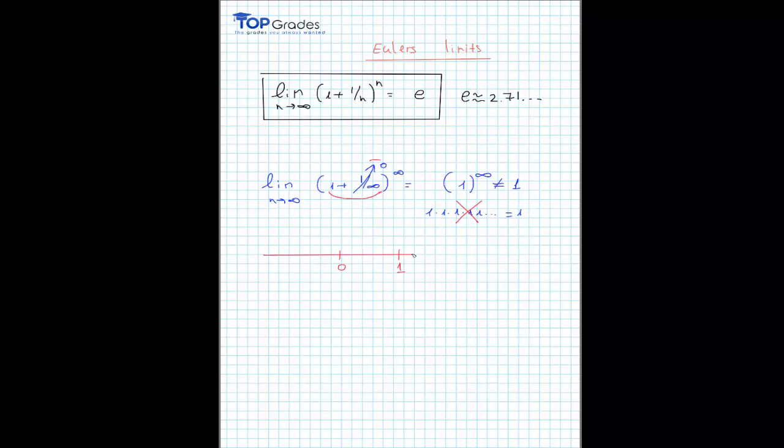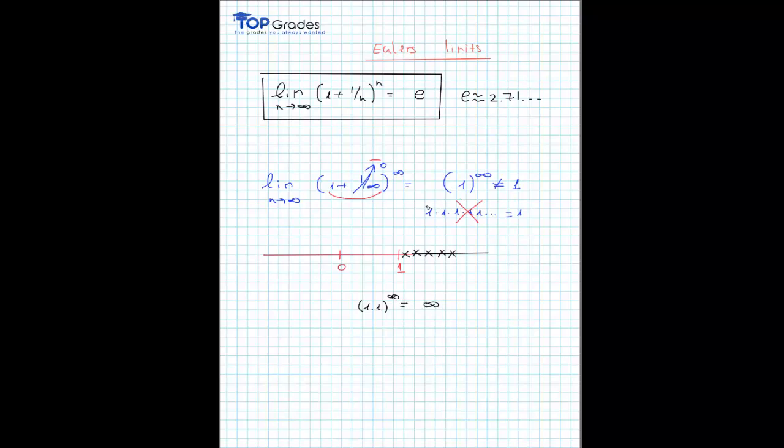It's a number that's getting closer and closer to 1 as n reaches infinity. So it comes to 1, but it's never exactly 1. And if I take a number that's bigger than 1, let's say 1.1, in the power of infinity we'll get infinity.